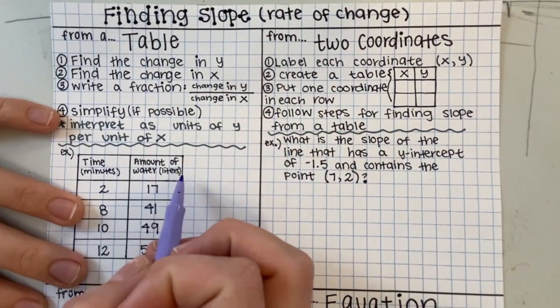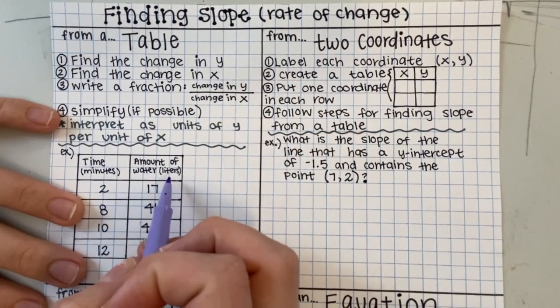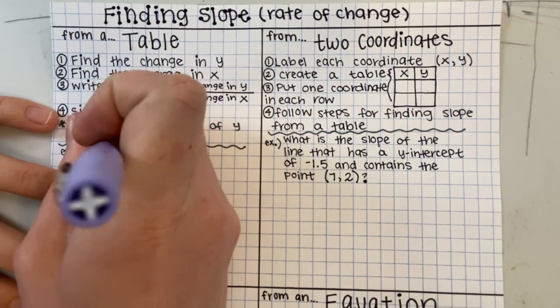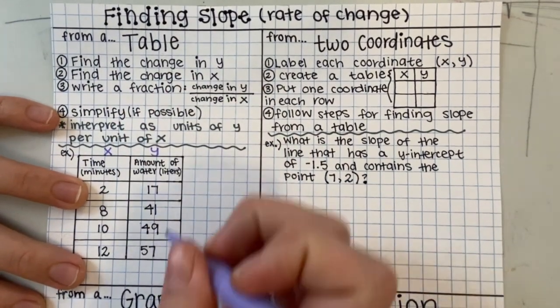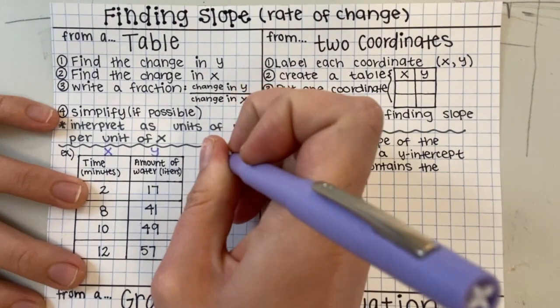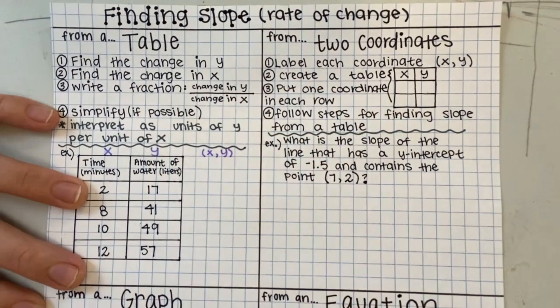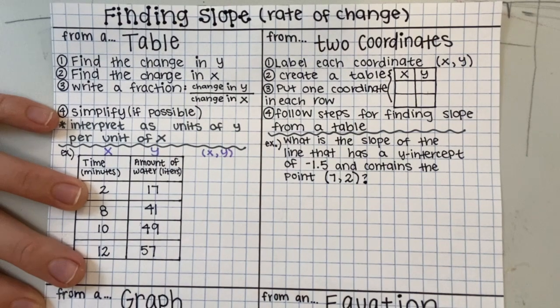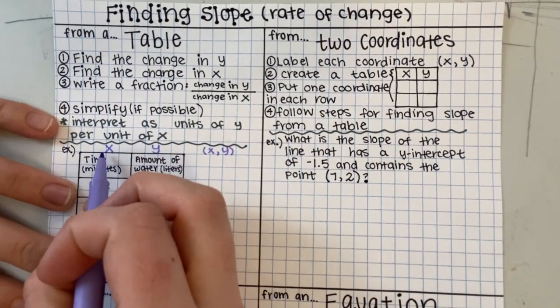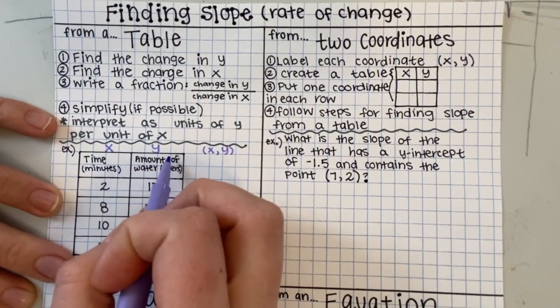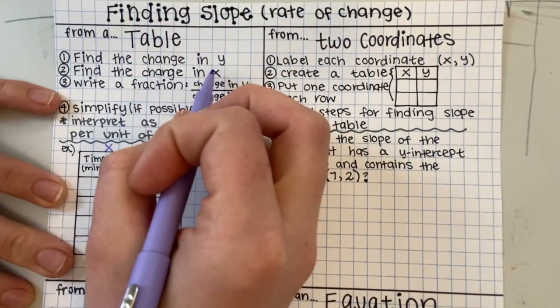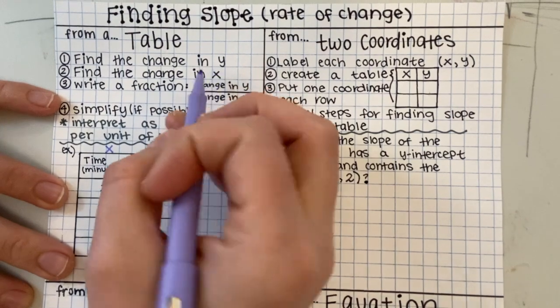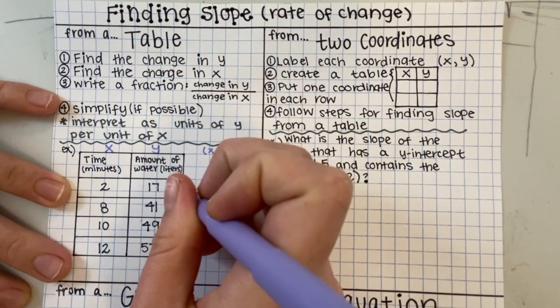What we want to remember is when we're looking at a table, my table is laid out as x, y. That's the same way when we're talking about coordinates, and it's the same way when you're saying the alphabet. It's in alphabetical order. So if my table isn't already labeled x, y, I need to do that. Notice I said that the first step is to find the change in y, and that will make sense for step number 3.